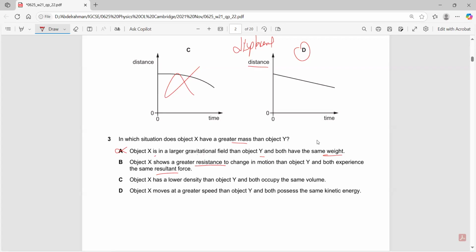It's the ability of an object to resist motion. As you increase the mass, it wouldn't want to change its motion. For example, if it's at rest, it wouldn't want to move. And if it's moving, it would be very difficult for you to stop it. So this is the definition of mass. So X shows a greater resistance to motion. Yes, this means that X has a greater mass.